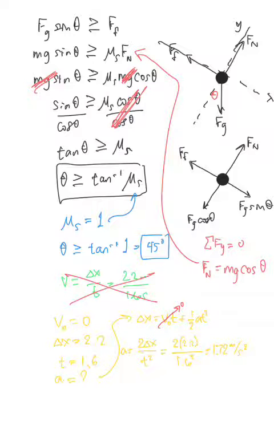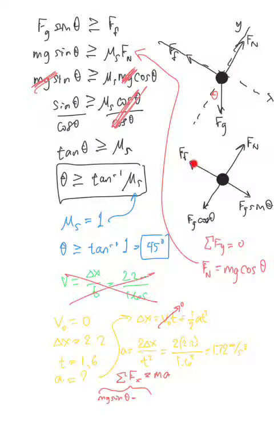So now we have to do the Newton's second law part of the problem. The net force in the x direction, the net force going in this direction, is equal to the mass of the block times this acceleration. The net force is the positive forces minus the negative forces. The positive force is mg sine theta, minus the negative forces on this side.